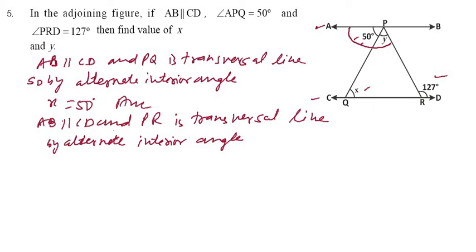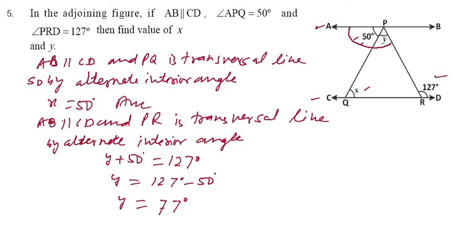So you can say Y plus 50 degrees will be equal to 127 degrees. Now shift 50 to the right hand side. So Y will be equal to 127 minus 50, that is 77 degrees, and that one is your answer. So first answer is here and second answer is here. So you have to write this one.